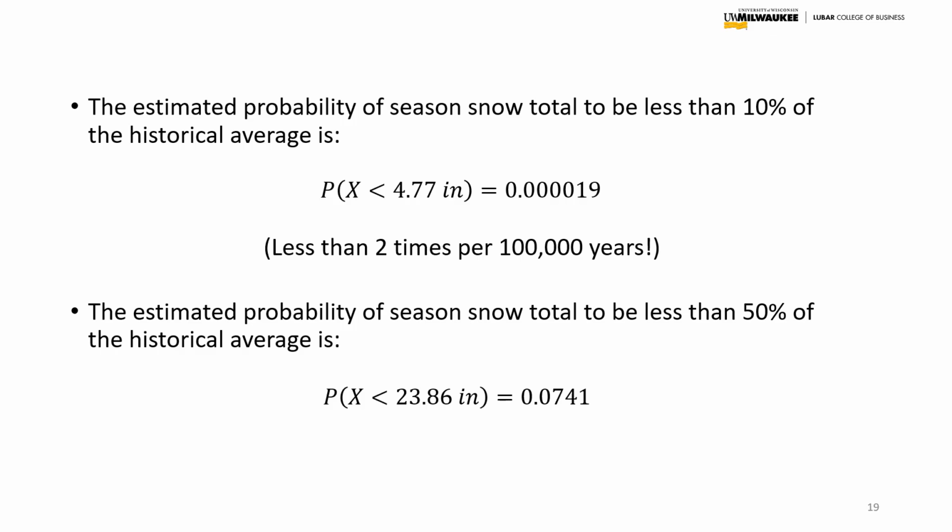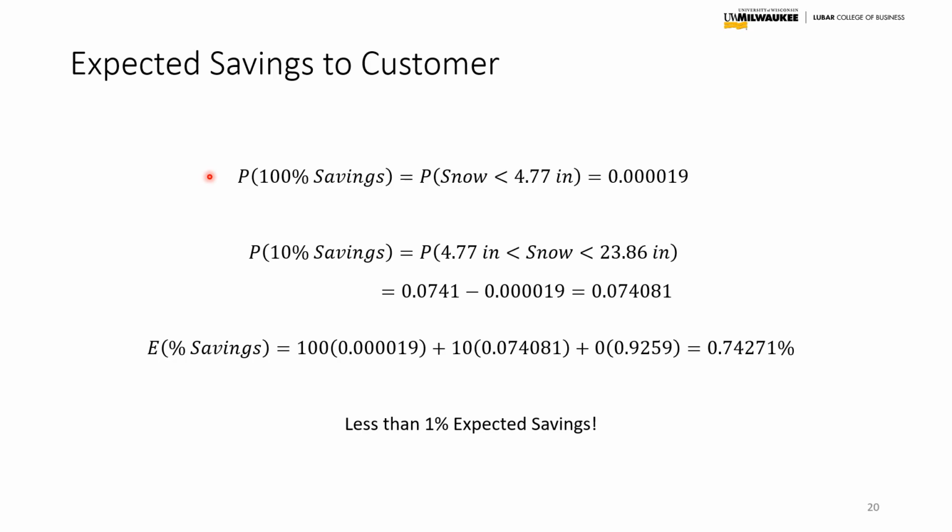This slide summarizes the estimated probabilities we have found. So the probability of 100% savings is 0.000019. The probability of a 10% savings is if snowfall falls between 4.77 and 23.86, which we find here to be 0.074081. And we can talk about the expected savings to the customer.